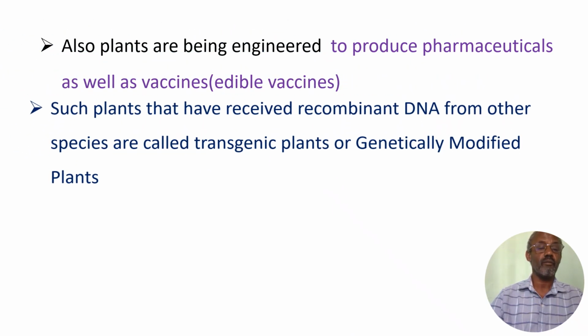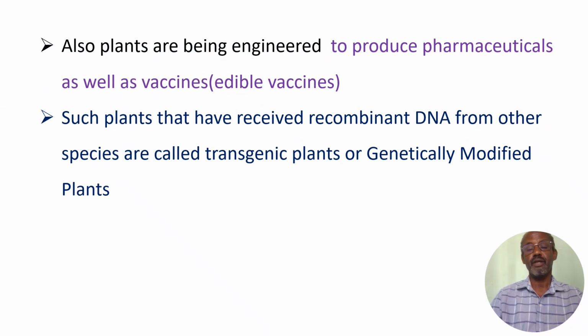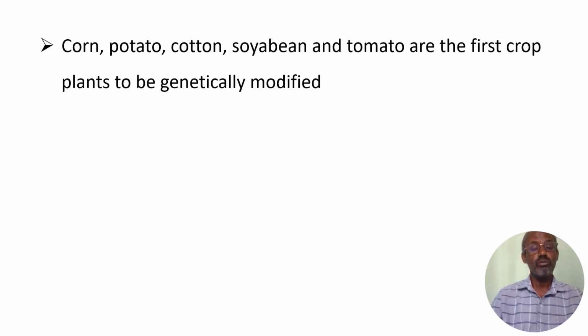Such plants that have received recombinant DNA or genetically transferred DNA from other species are called transgenic plants or genetically modified plants or organisms. Corn, potato, cotton, soybean, and tomato are the first group of crop plants to be genetically modified.